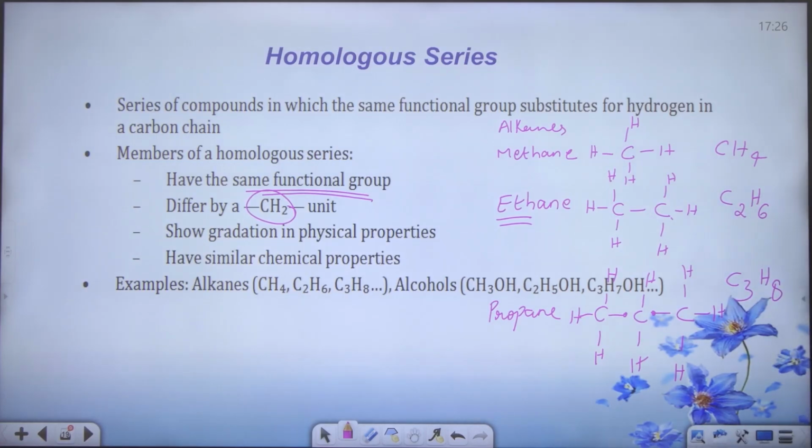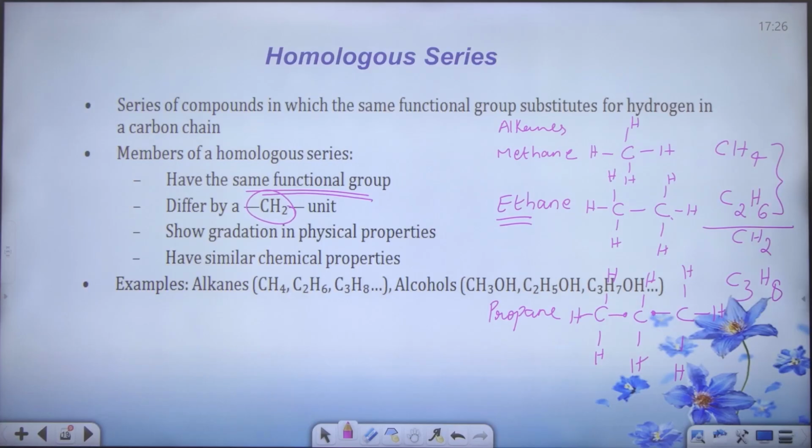In a homologous series, they differ by a CH2 unit. Here, methane and ethane molecules. See the difference. Methane is CH4 and ethane is C2H6. They differ by 1 carbon and 2 hydrogen, a CH2 group.